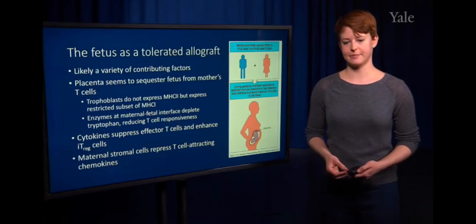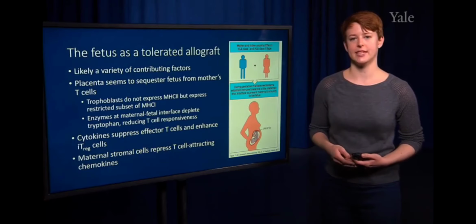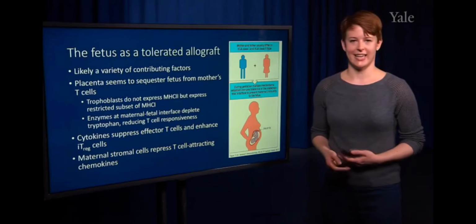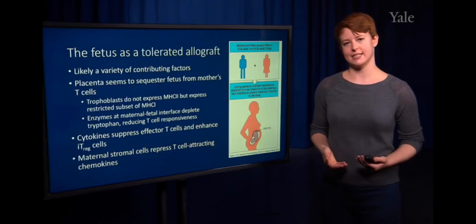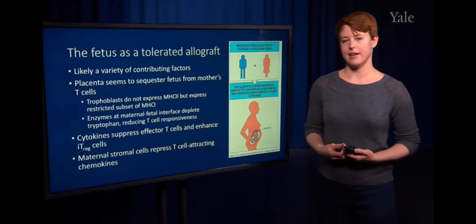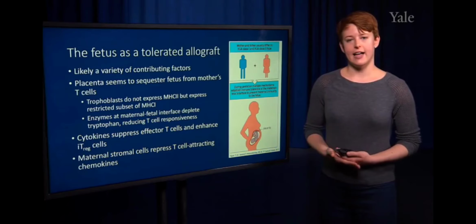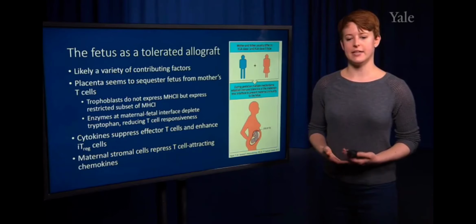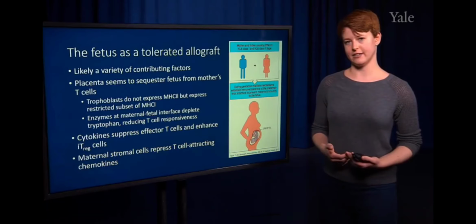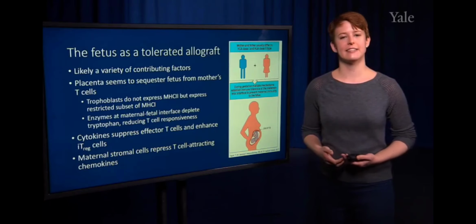It also means this subset of MHC1 is protected from NK cell killing, where we'd normally see that NK cells kill cells without expression of MHC. There are other environmental aspects at this maternal-fetal interface that help protect the fetus from the mother's T cells.